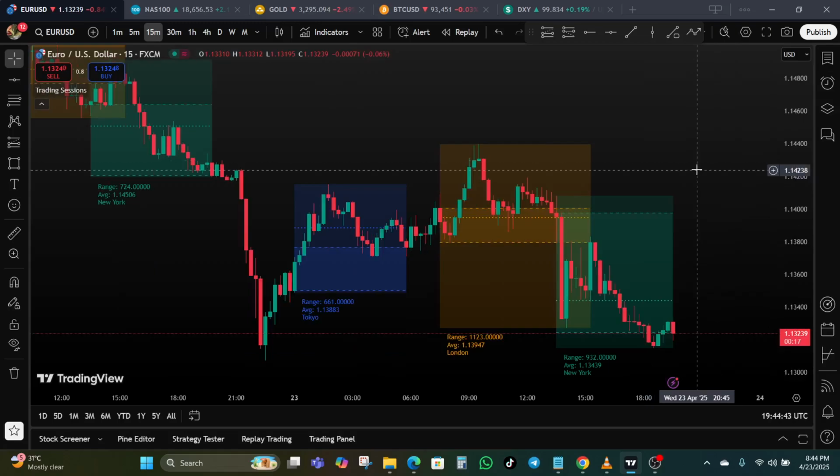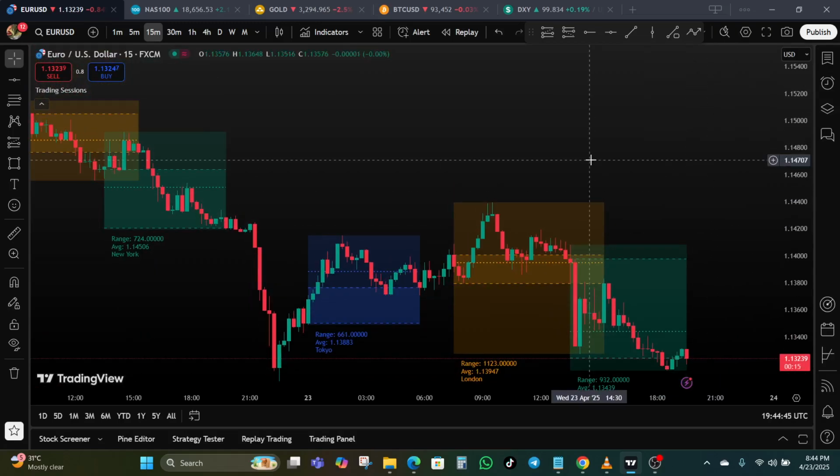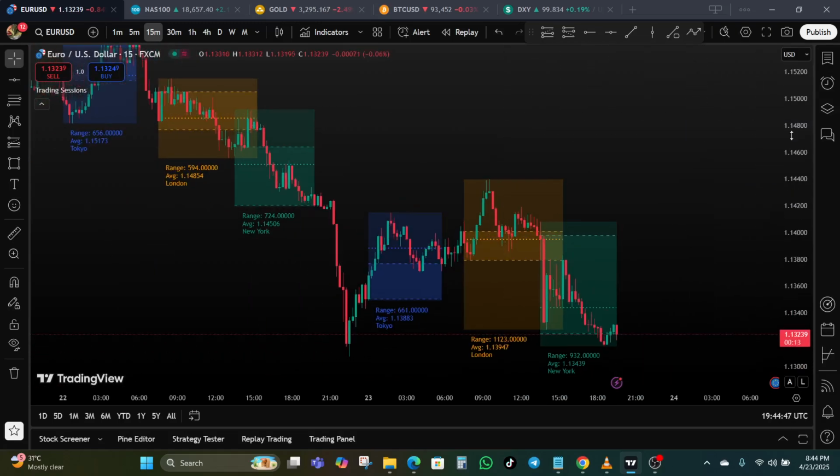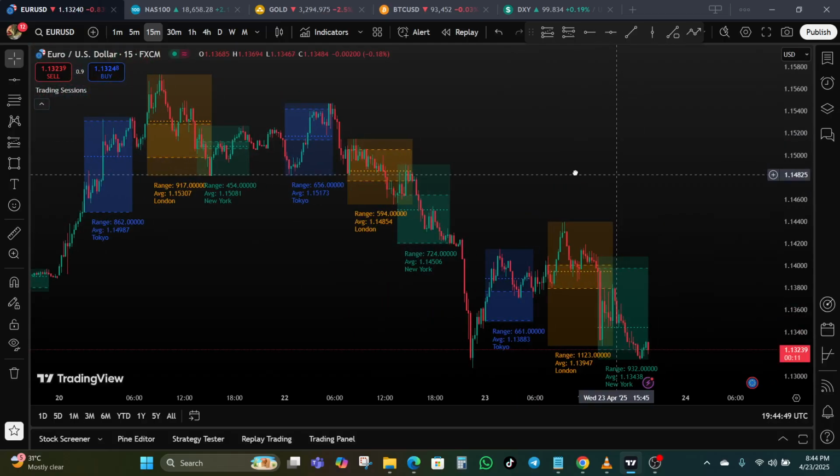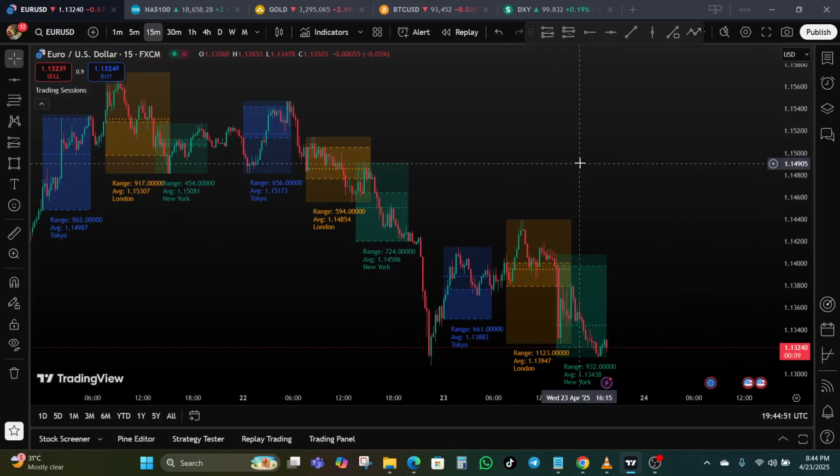So basically, I want to be explaining with some visuals. That is the reason why I was looking for a good indicator that can display different sessions at once.